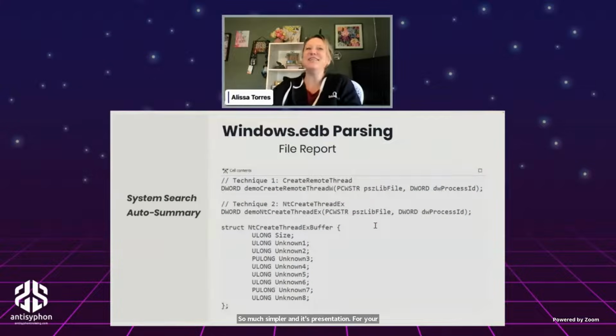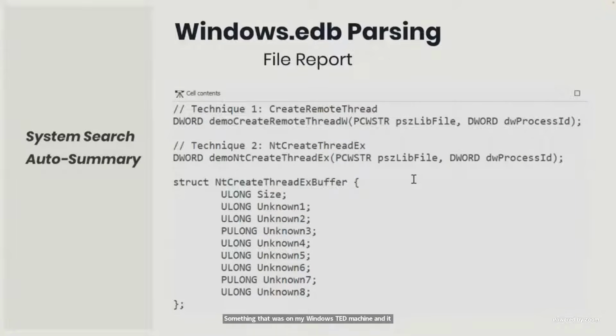All right, here's a good example of something that was on my Windows 10 machine. It was just an auto summary being created for a file that was on my desktop. I'm trying to remember what this is. It's like hack all the things, exploit all the things. This was a tool that described different techniques and how you could inject into running processes.